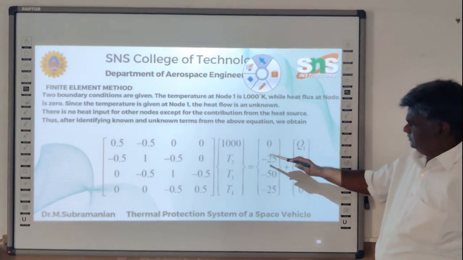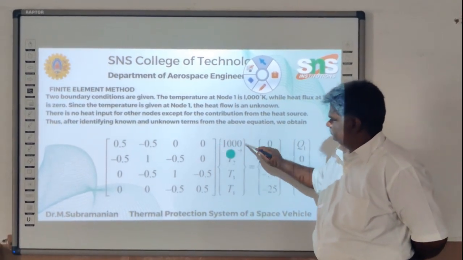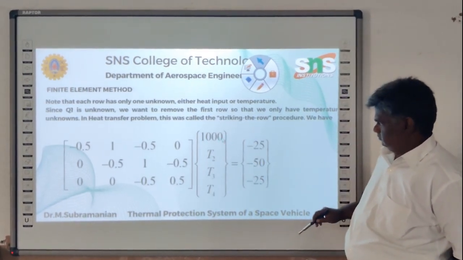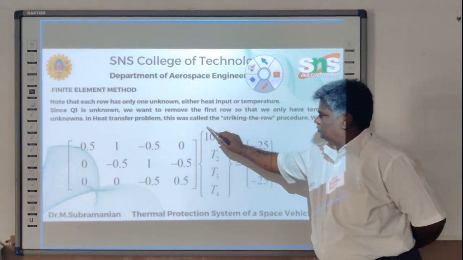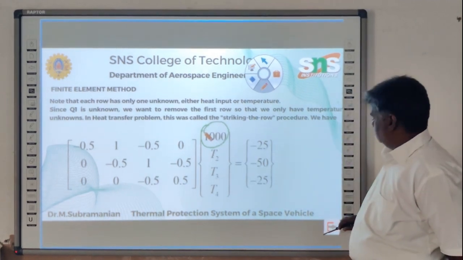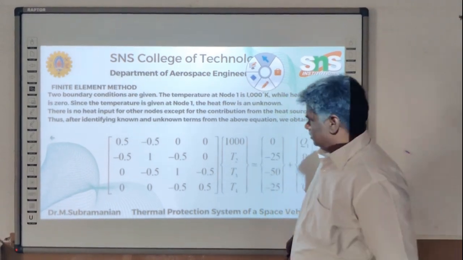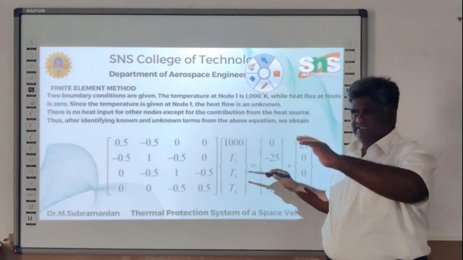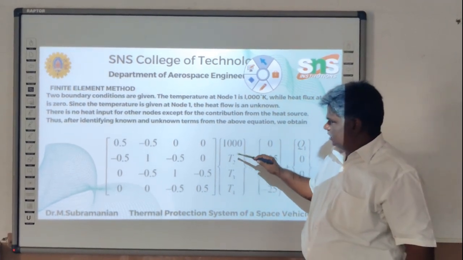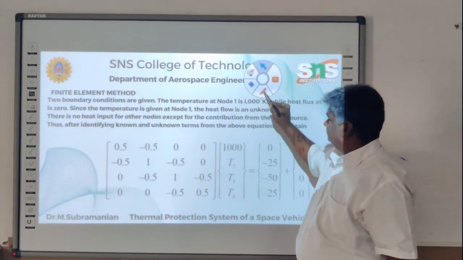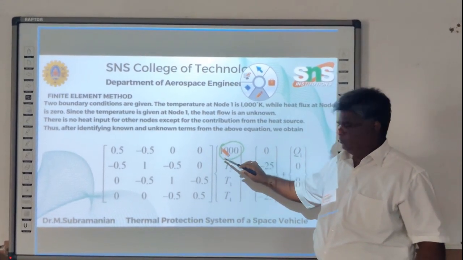So here is the next step. The known value is, you see that, earlier in a structural problem we eliminate the row and column. Here, the only known value is the temperature at nodal point 1.